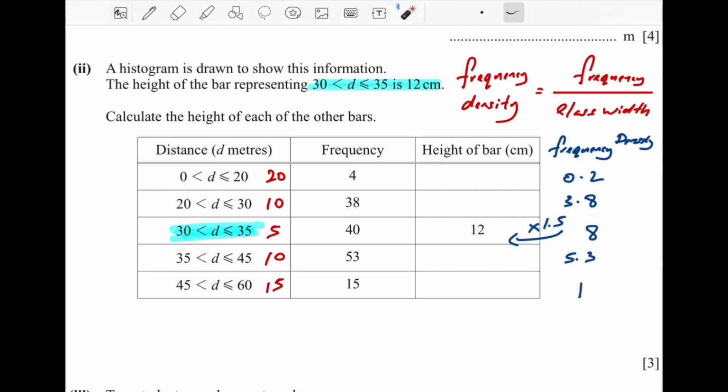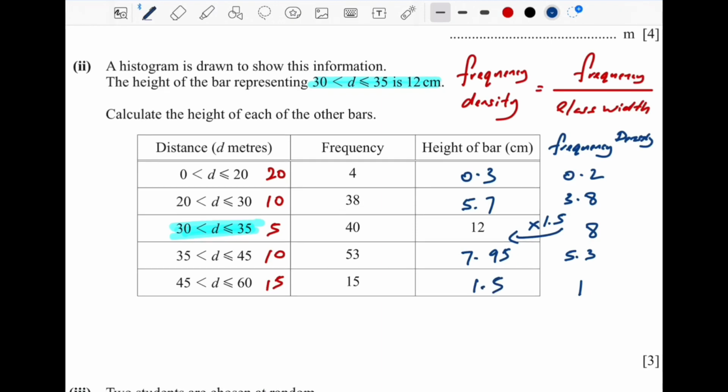So every frequency density times 1.5, because the ratio should be fixed. So you have the final answer as 0.3, 3.8 times 1.5 is 5.7, 5.3 times 1.5 is 7.95, and the last one should be 1.5.